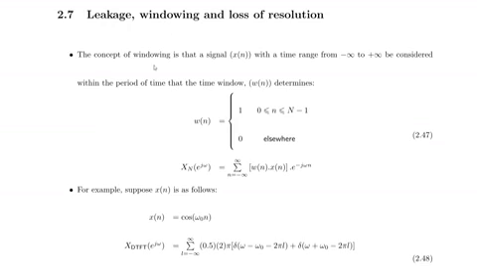The concept of windowing is that a signal with a time range from minus infinity up to plus infinity be considered within the period of time W of n, a time window. W of n happens from 0 up to capital N minus 1 and 0 otherwise.